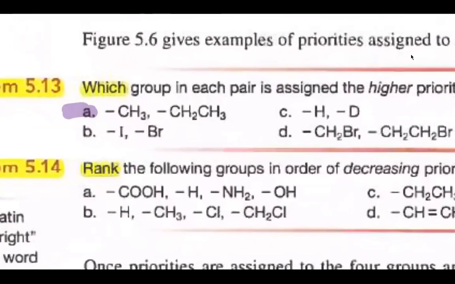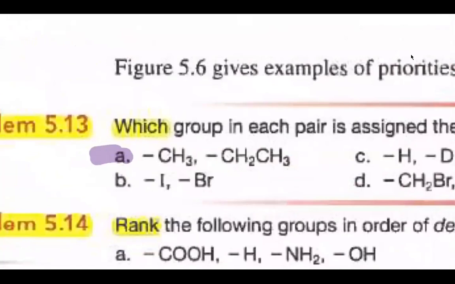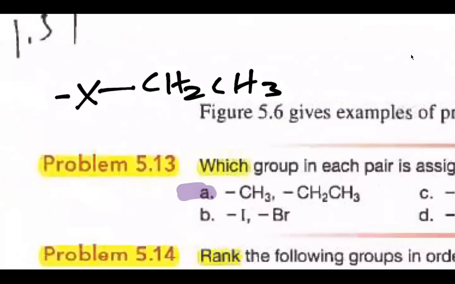How do I determine that if these two groups are attached to a chiral center? I'm going to put a generic atom X, and attach CH2CH3 to one side and CH3 to the other. Which one is higher in priority?